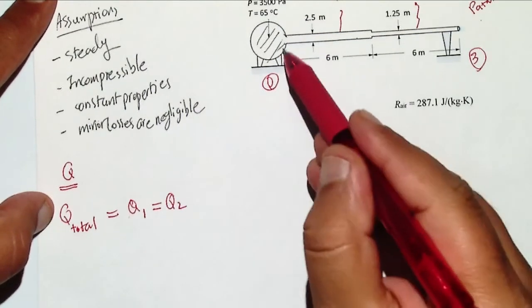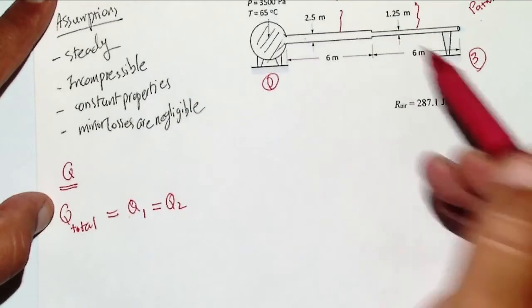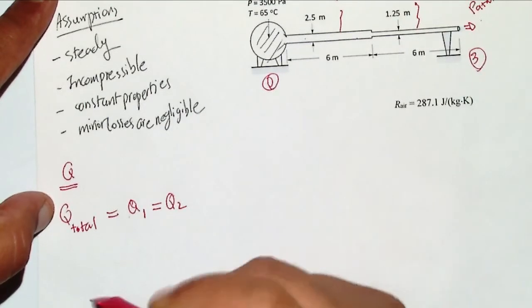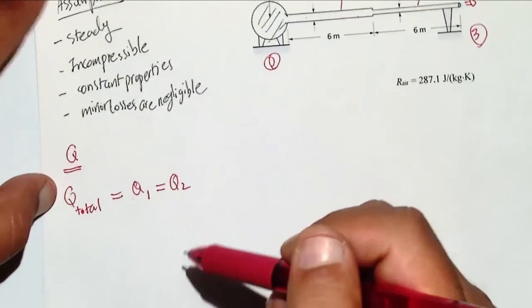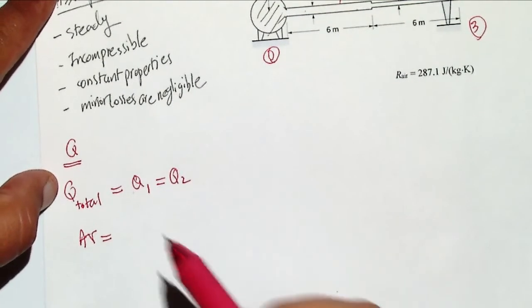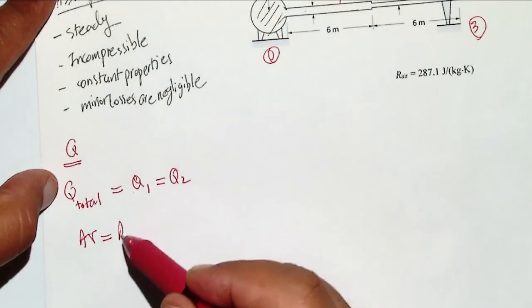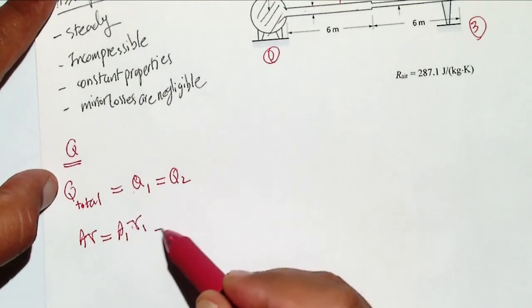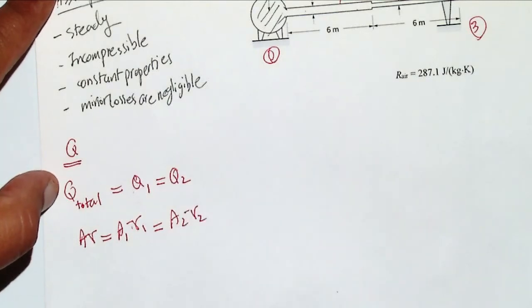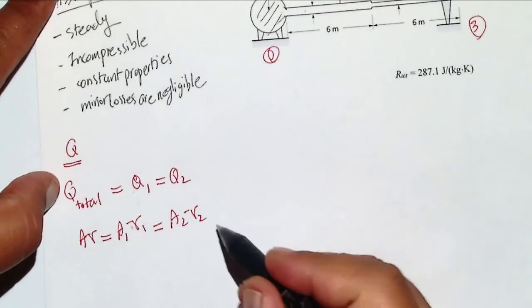So it means that the flow rate that passes over pipe 1, pipe 2, and ends up here, all those are similar. So it means that AV, which is our volumetric flow rate equation, is equal to A1 V1 and is equal to A2 V2. Okay, that's also the conservation of mass.